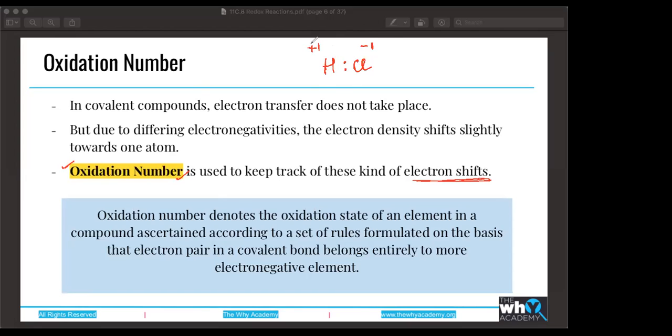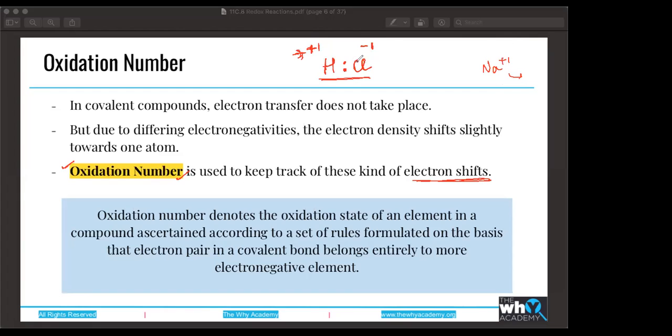So even though oxidation numbers look like charges, the way we assign them differs. Na plus, right? Na is +1. In this case, it means that Na has lost one whole electron. But in the case of covalent compounds, this +1 does not mean that H is losing an electron, because HCl at the end of the day is a covalent compound and both the electrons are being shared between H and Cl.